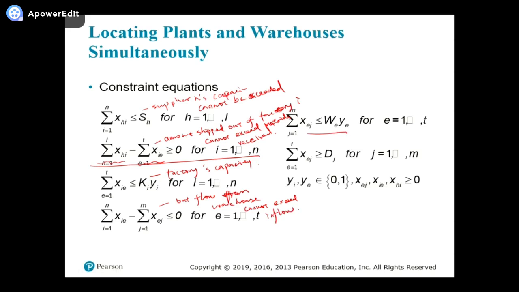And then this is the capacity constraint for the warehouse sites. And finally, we want to make sure that demand has to be satisfied. And finally, the binary and non-negativity constraints.